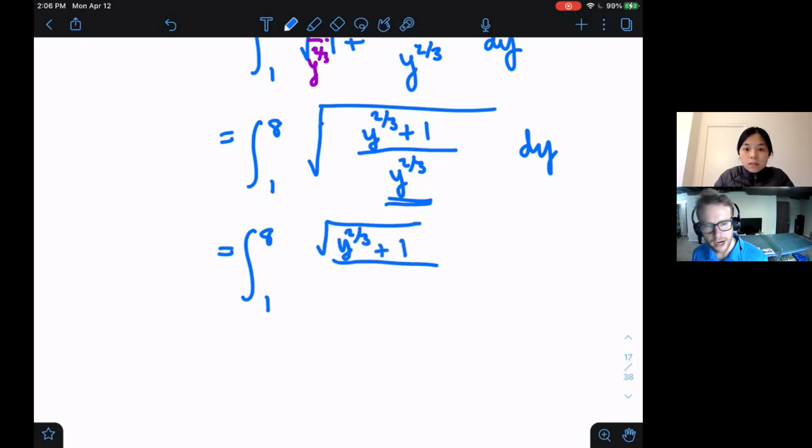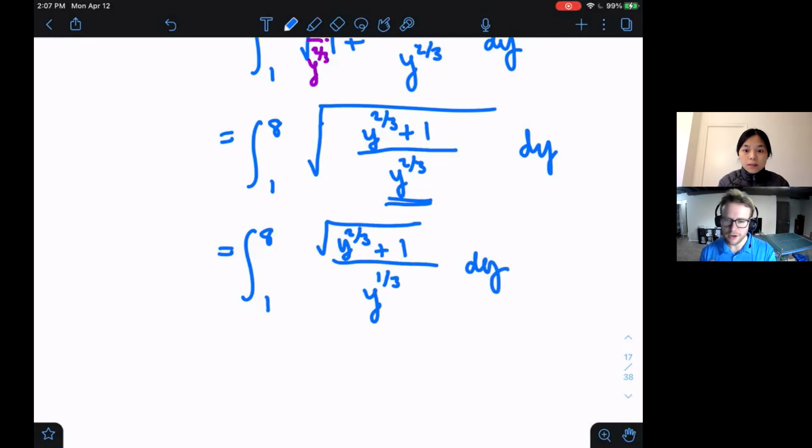And then in the denominator here, when I take the square root of y to the 2/3, right, this would be the same thing as the 1/2 power. And so this makes it y to the 1/3 power, right? So the 1/2 times the 2/3, they cancel a little bit, again, multiplication. And so you get that cancellation of the 2 and you just get y to the 1/3 power. Now this is all positive values for y, right? 1 to 8. So you don't have to worry about any absolute values or things like this.